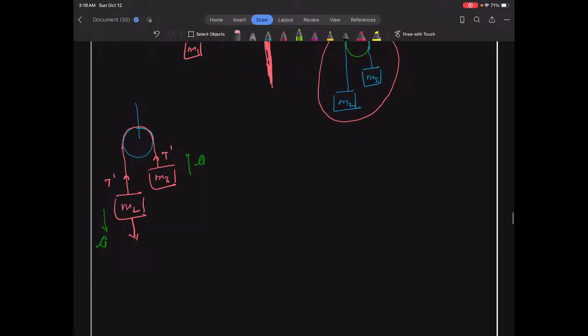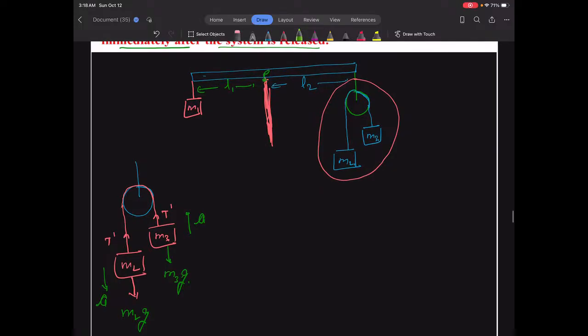The gravitational force acting on m2 will be m2g, and similarly m3g. Let us suppose that the tension in the string which is connected with the beam is T.